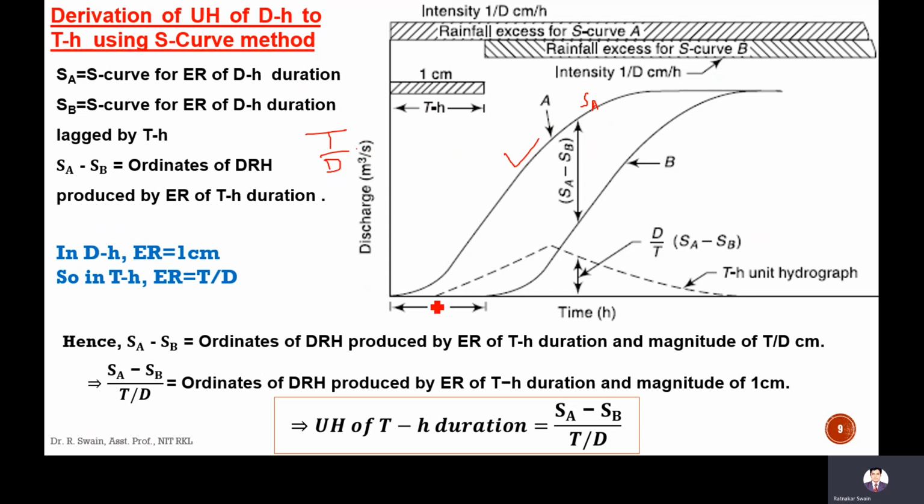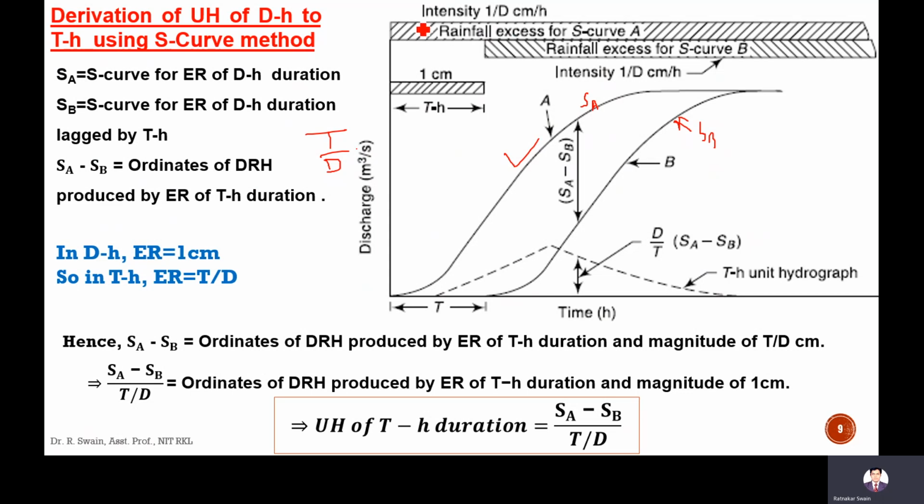If we shift this curve SA by t hour, let it be SB. So the first curve is for the rainfall of S curve A. Intensity is 1 cm per d hour, so 1 by d.